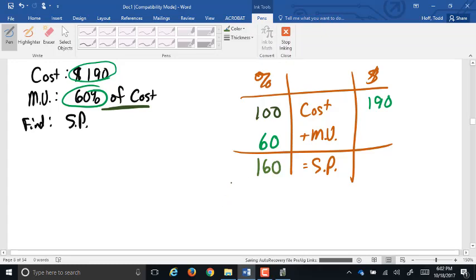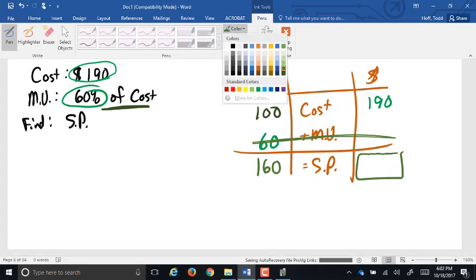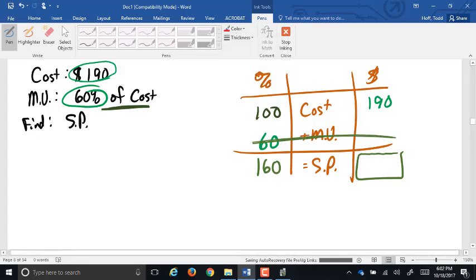What am I trying to find? The dollar amount of the selling price, which means I don't need that row. What am I going to multiply here?